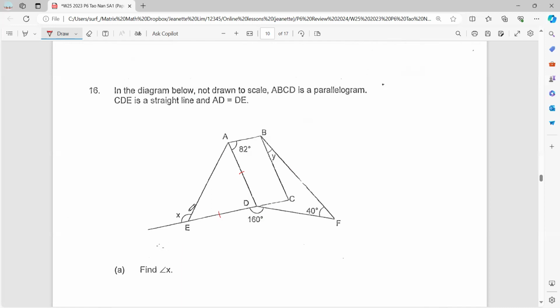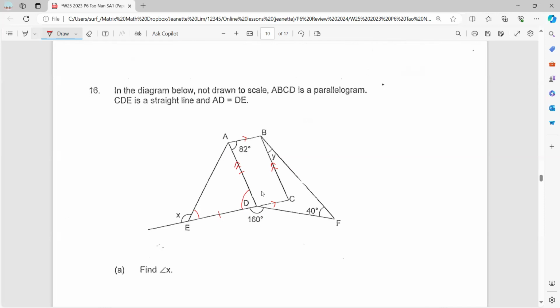Let's find angle X. Angle X is here. To find angle X, I will need this angle here. And since these two lines are equal, this is the same as this, which means I will need to find this angle here. So let's take a look at parallel lines. Do you think that we can find this angle here, ADE?